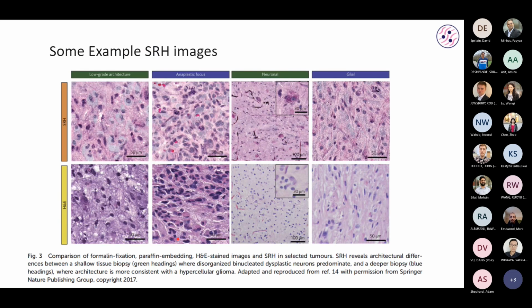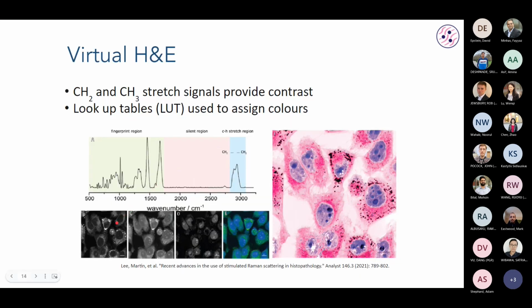We could have an image without any stain, just to see the morphology, and then use both that and H&E as an input. Potentially, you could try that.